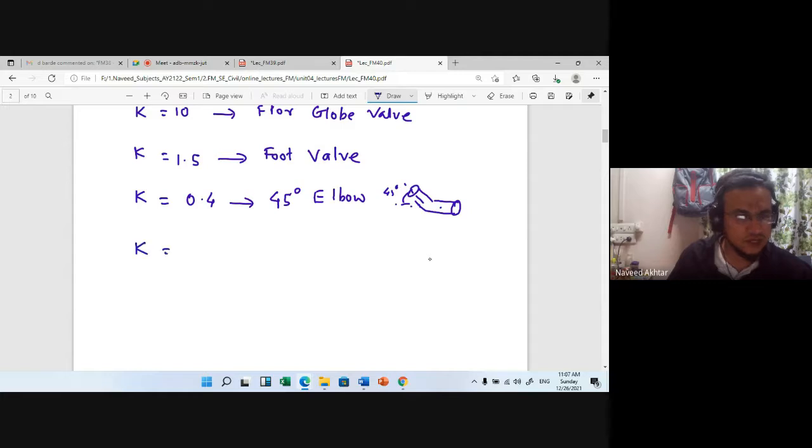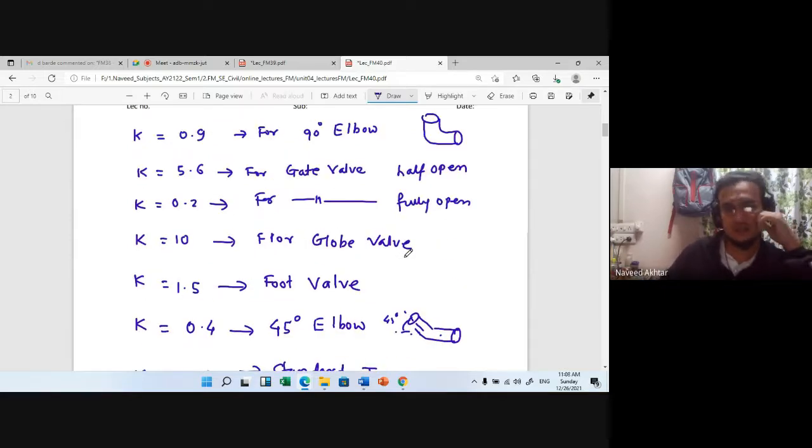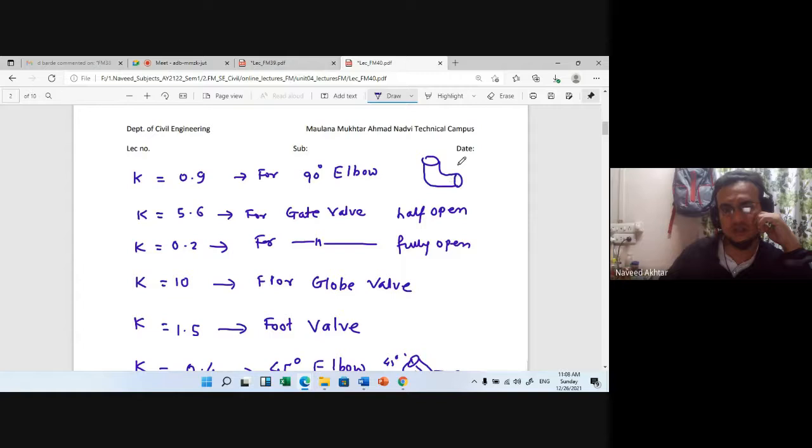The value of K is equal to 0.9 for the standard T if you are using in the pipeline, and the value of K is equal to 1.2 for a sharp 90-degree bend. Sharp bend is different; I have drawn the figure of the sharp bend.